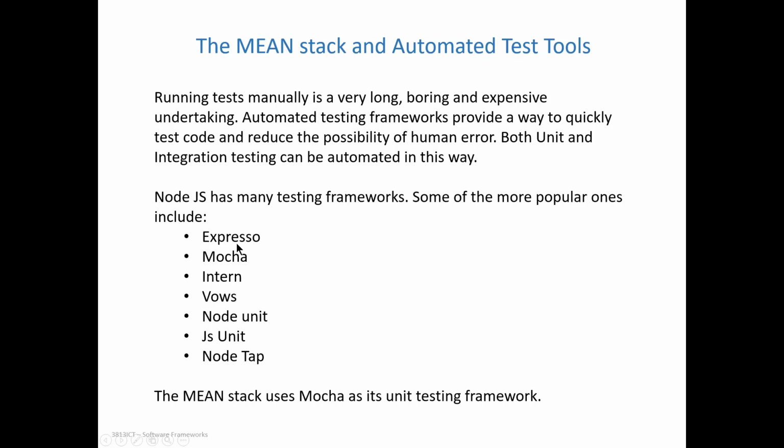Listed here are some of the more popular ones: Espresso, Mocha, which we will be using, Intern, Vows, Node Unit, JS Unit, Node Tap. Angular itself, built in, uses Jasmine and Karma as a task runner. So the MEAN stack uses Mocha as its unit testing framework.